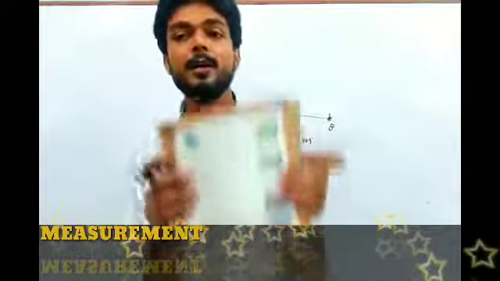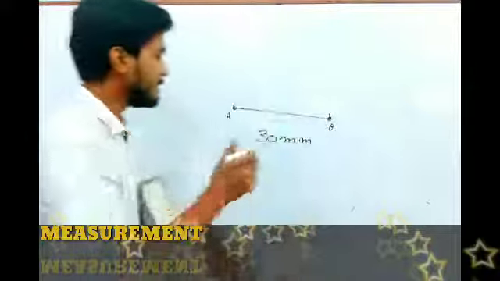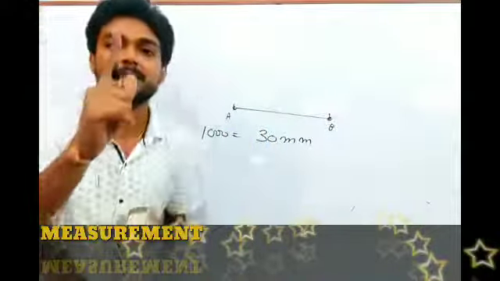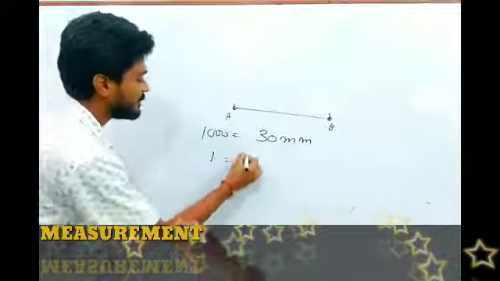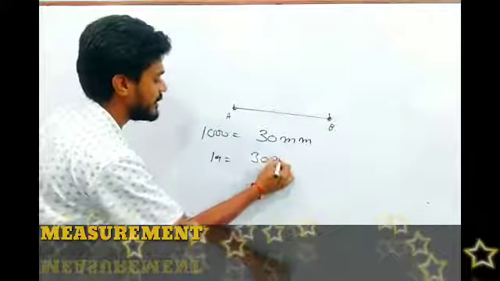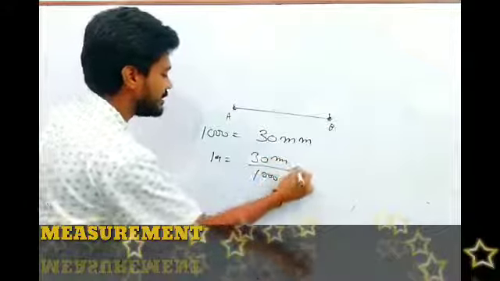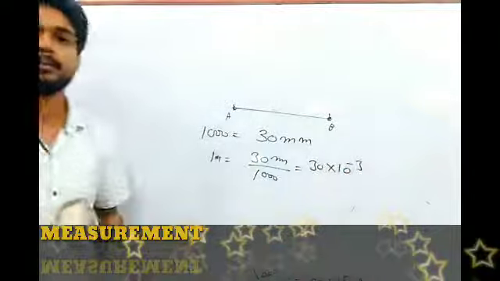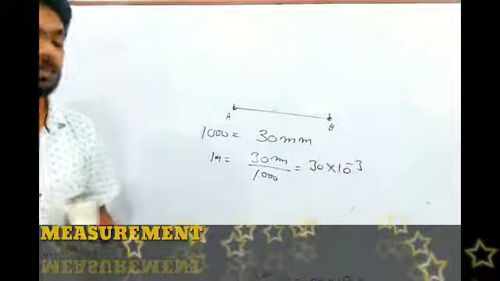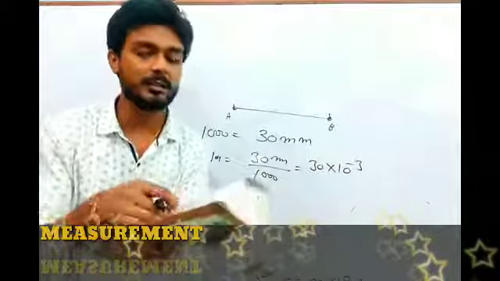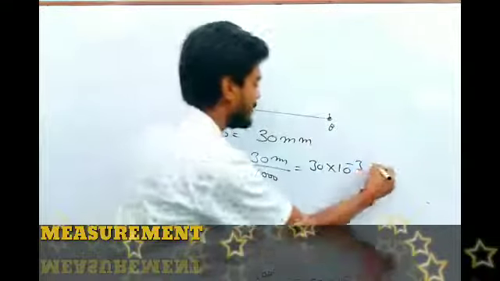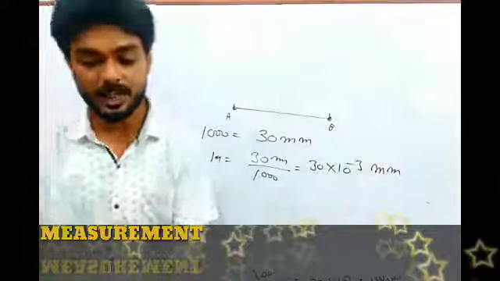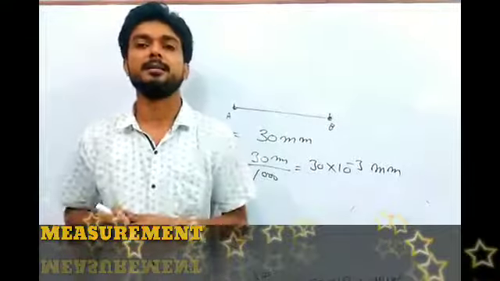In this book there are 1000 pages. Then 1000 pages are equivalent to 30 millimeter. Then one page will be equal to 30 millimeter divided by 1000, which means 30 into 10 to the power minus 3. Which means the thickness of one page is 30 into 10 to the power minus 3 millimeter. Very easy step. Such measurements are called the indirect method.